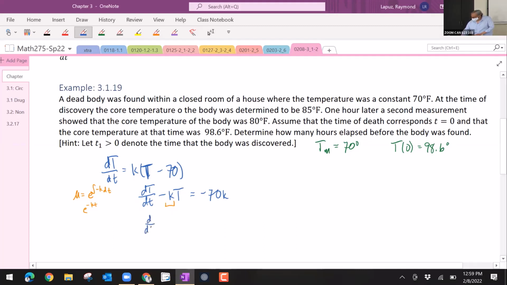Let's just say d/dt of e to the negative kt times capital T is the left-hand side. And then we'll have negative 70k, which is a constant, times e to the negative kt on this side. So this is the point where we integrate both sides.